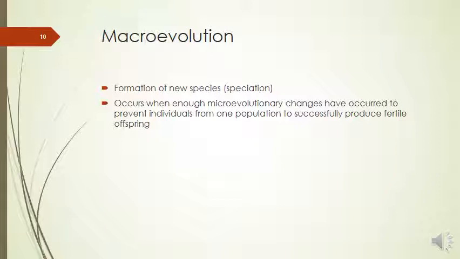When sufficient microevolutionary changes accumulate, then we have what is called speciation, the formation of a new species. These changes can occur through many small changes over time and/or a few changes that greatly affect the phenotype.